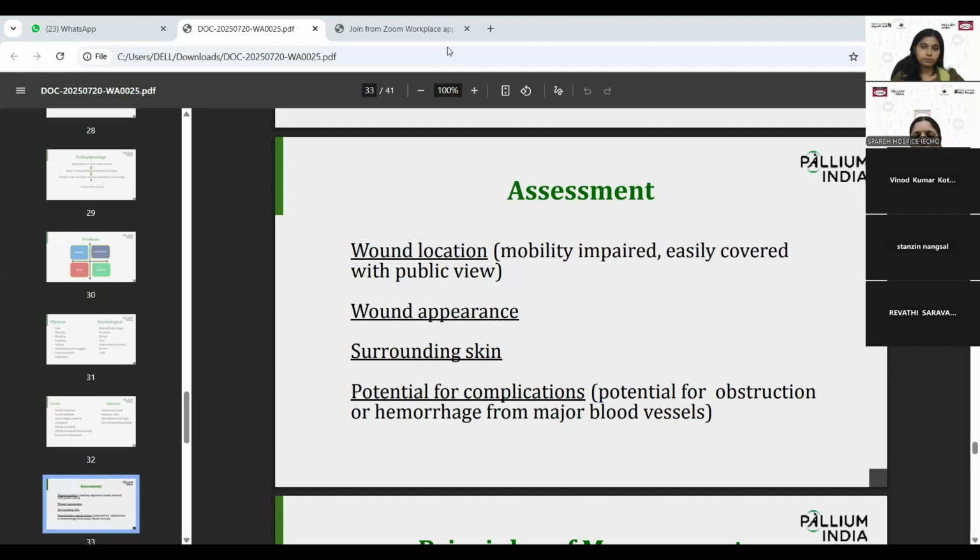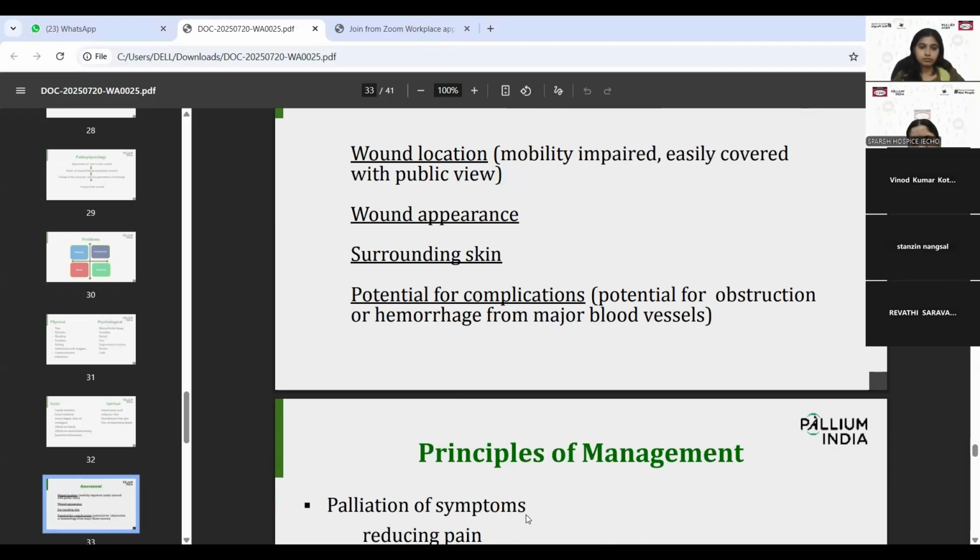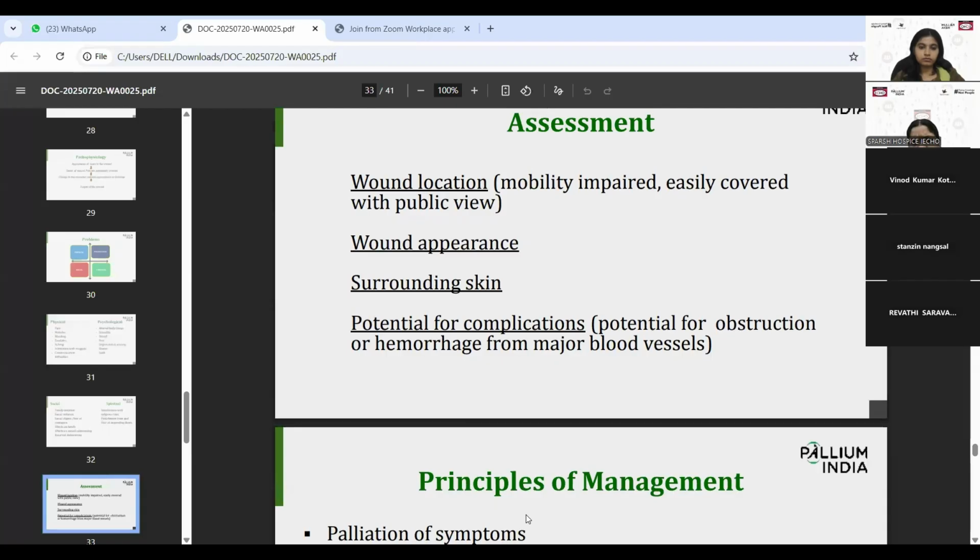If you are going to touch the patient, you have to assess the patient first, then do the dressing. Then you have to know about the wound. If you know about the wound, you can give a proper, clean dressing to the patient.